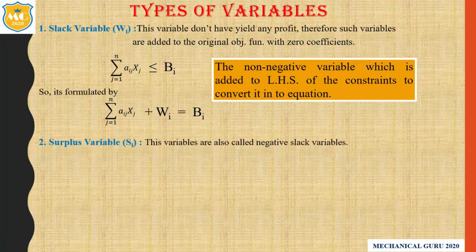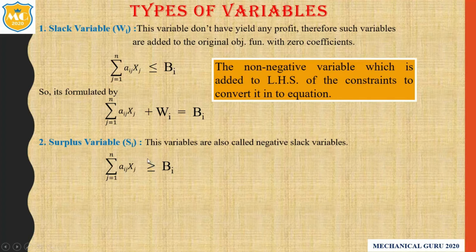Next, the surplus variable is represented by si. These variables are also called negative slack variables. It's represented by summation of j equal to 1 to n, aij xj greater than or equal to bi. Just the sign is different.